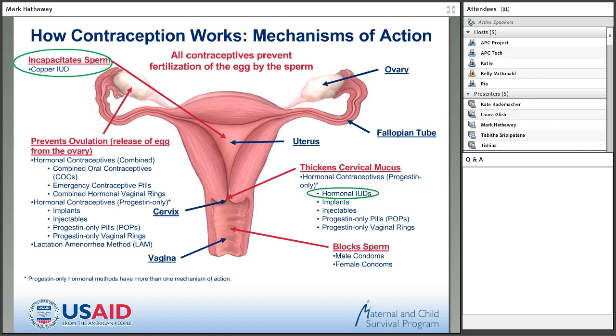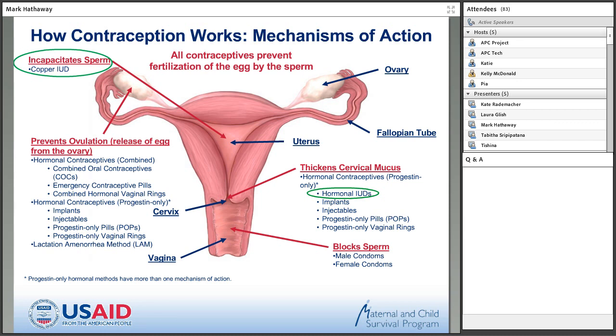This is a job aid that we created about a year ago, and it points out, all in one page, how all of the contraceptive methods that we use function, better known as their mechanisms of action. In the top left, you'll see the copper IUD incapacitates the sperm, and on the right, the green circle around the hormonal IUDs function mainly by thickening the cervical mucus.